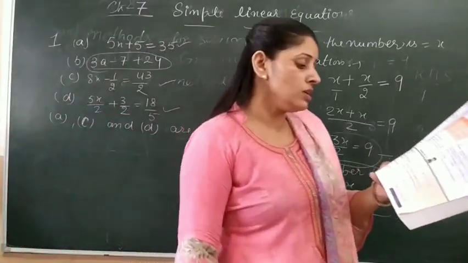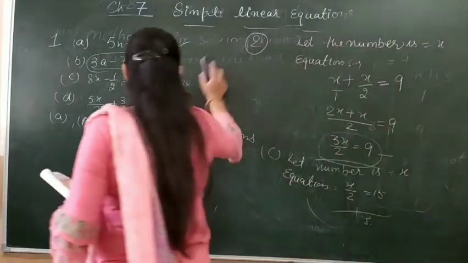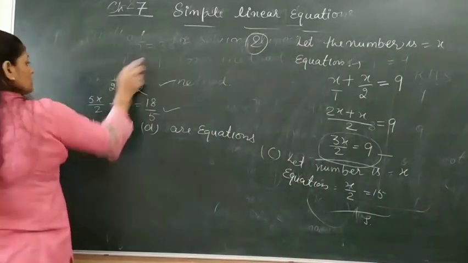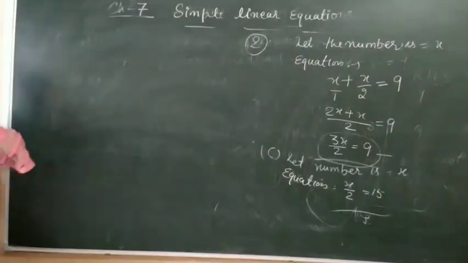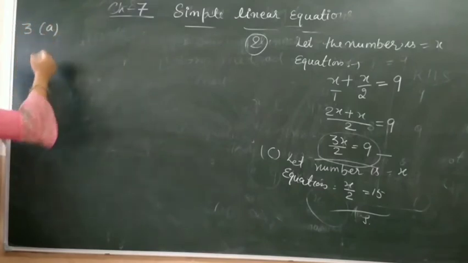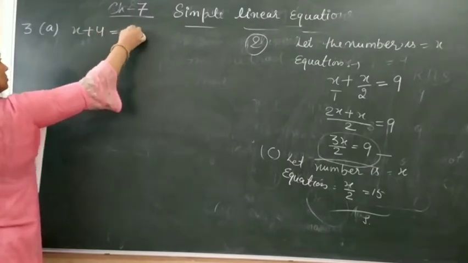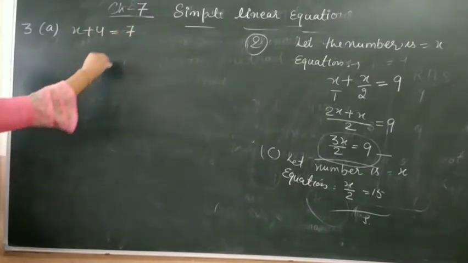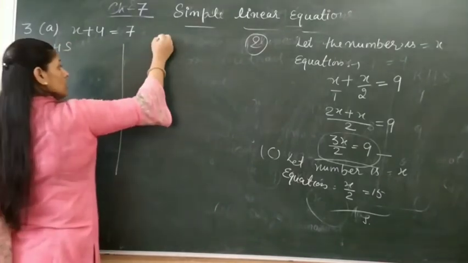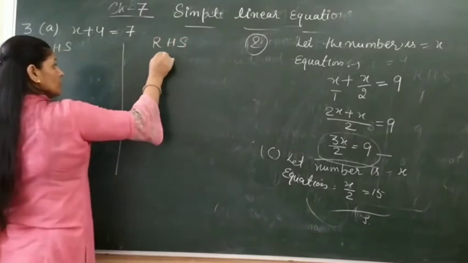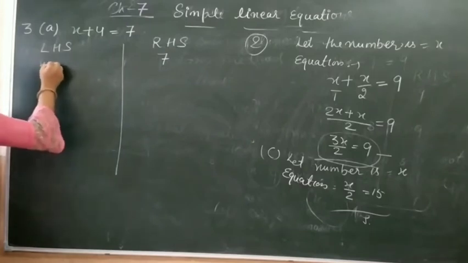Solve this equation by trial and error method. So take equation number 3, first part. Question number 3. A. X plus 4 is equal to 7. Then part is left hand side and right hand side. In RHS we have 7 and this left hand side is x plus 4.